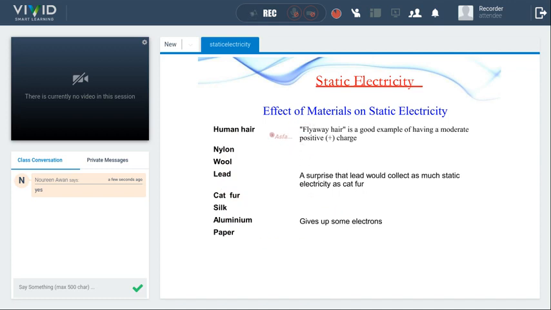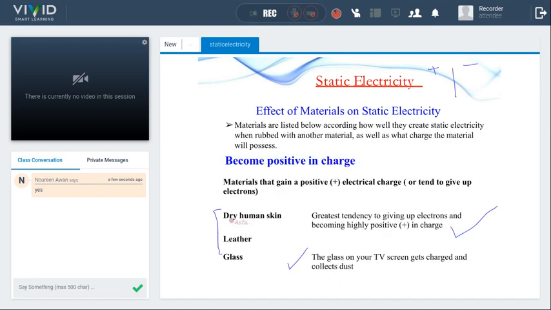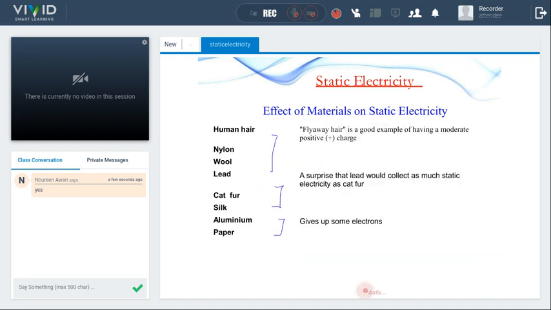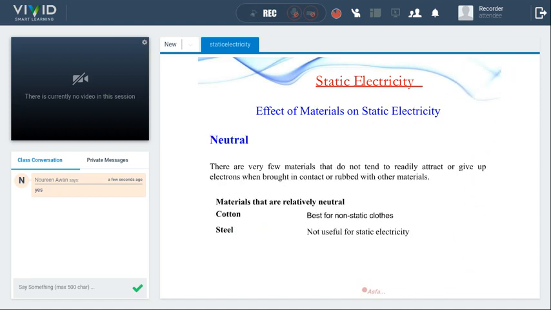These are the positive charge examples, and they give up some electrons. So you have to separate out all these examples. You will take this list and make a difference between the positive and negative ones, and you will share your results with me.